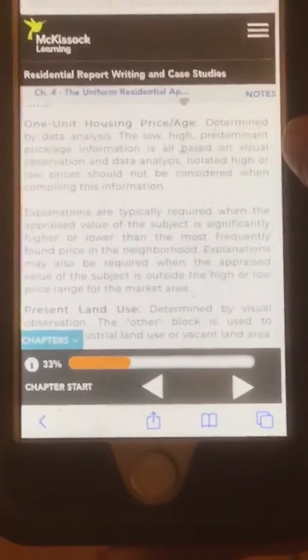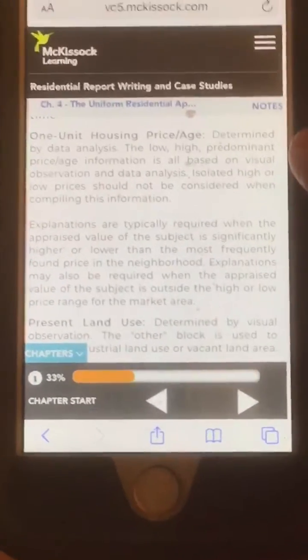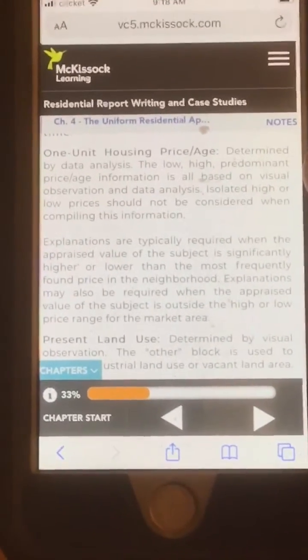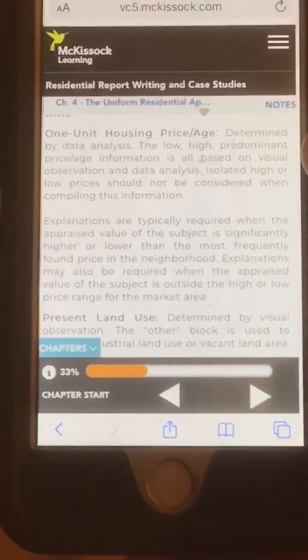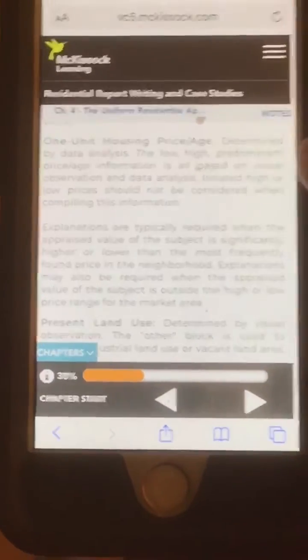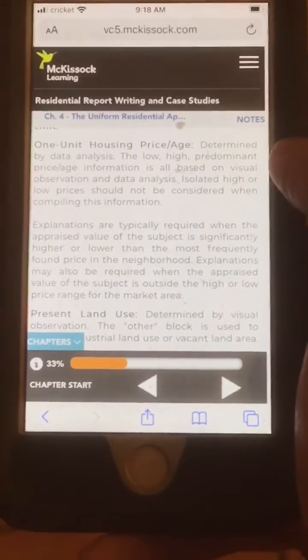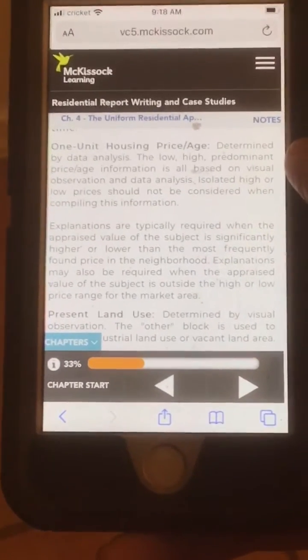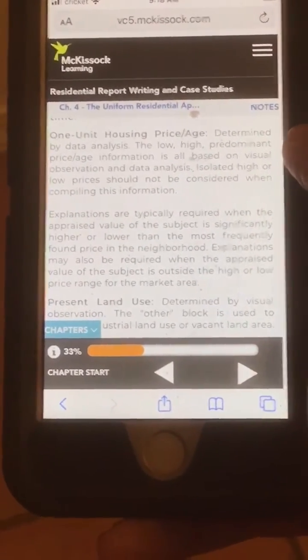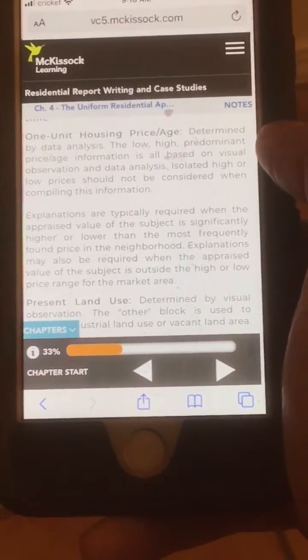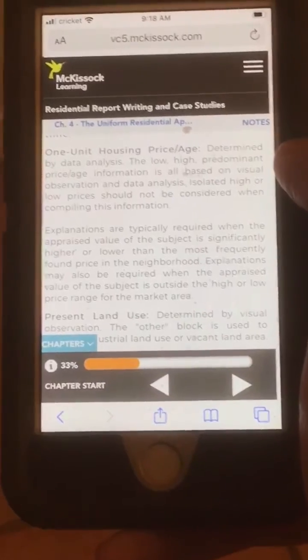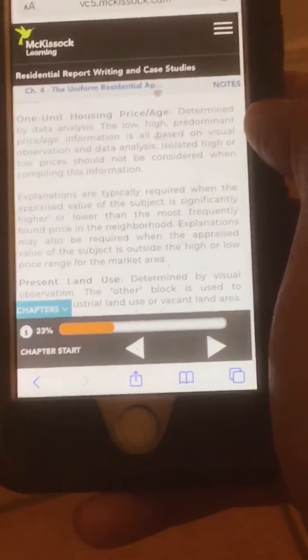One unit housing price/age, determined by data analysis. The low, high, predominant price/age information is all based on visual observation and data analysis. Isolated high or low prices should not be considered when compiling this information.